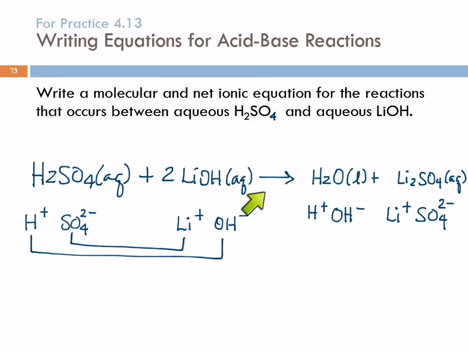I've got 1 sulfate and 1 sulfate. Here I've got 2 hydrogens and 2 more here, that's 4. So I need to put 2 molecules of water. And then I've got 2 oxygens from here, and that's going to make the 2 oxygens there. You can do the sulfur and the oxygen separately as well if you wish. But that's our molecular equation.